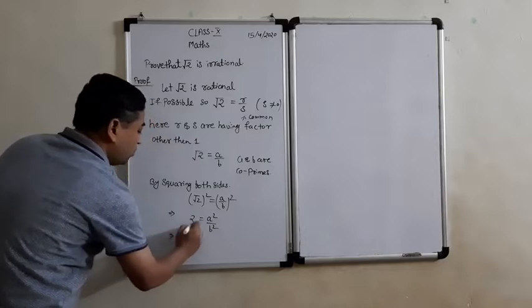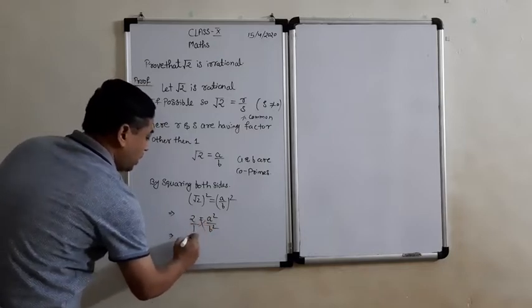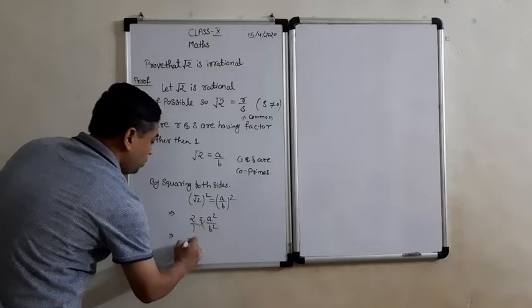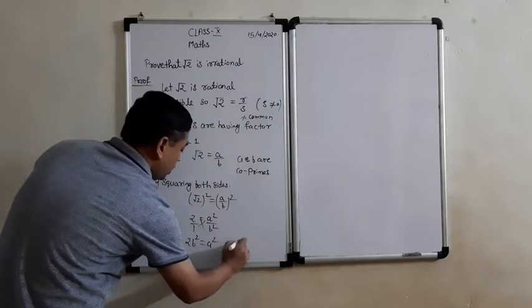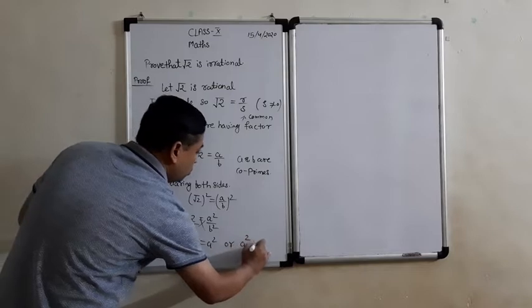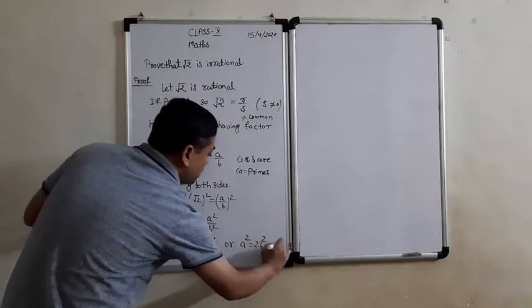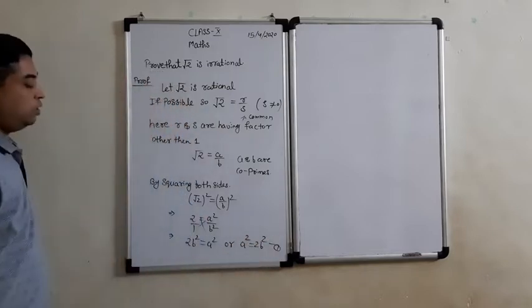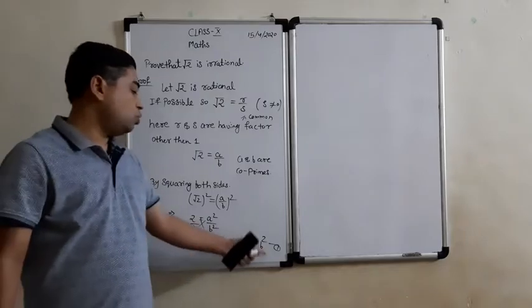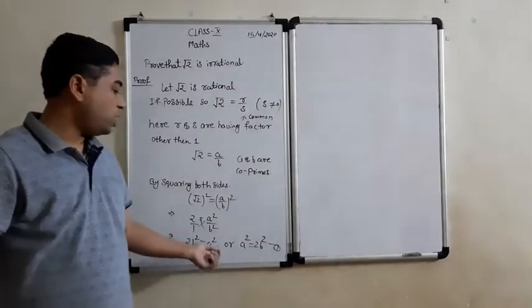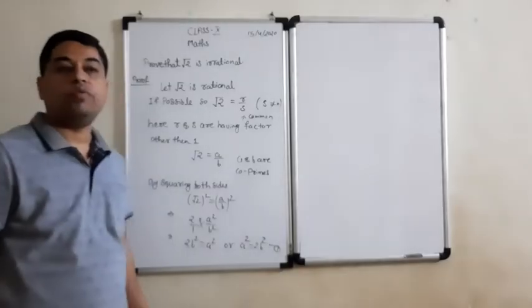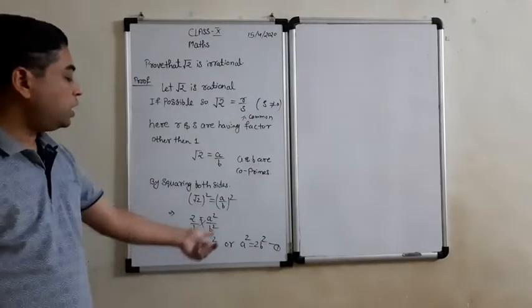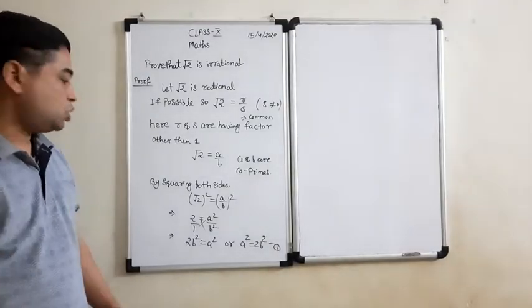So we can write 2b square is equal to a square, or a square is equal to 2b square, and we will call this statement 1. What is the meaning of a square is equal to 2b square? It means a square can be written as 2 into b square, so 2 is one of the factors of a square.